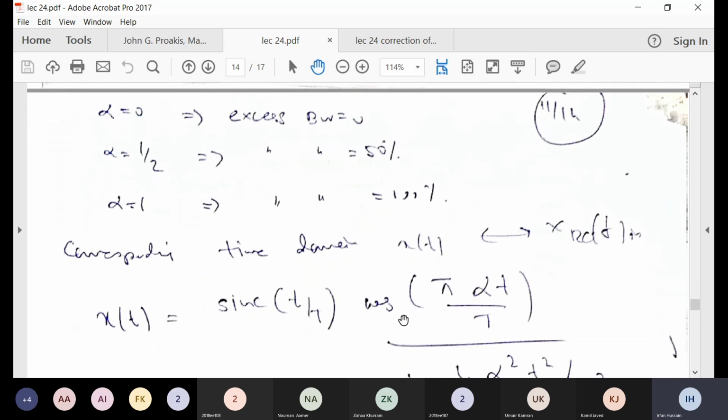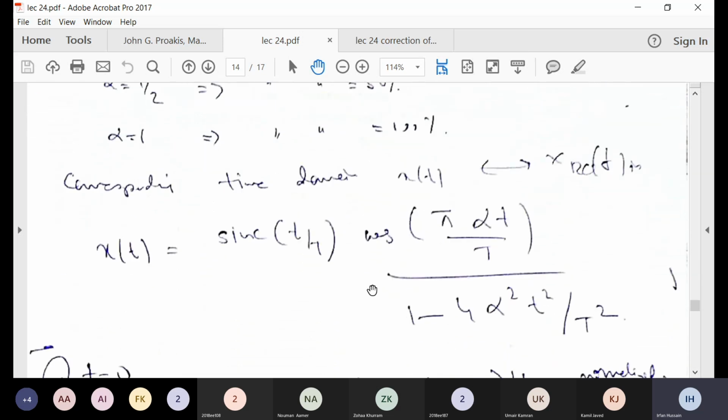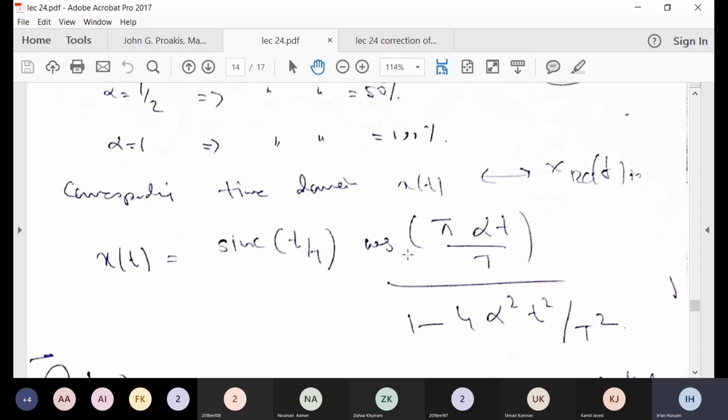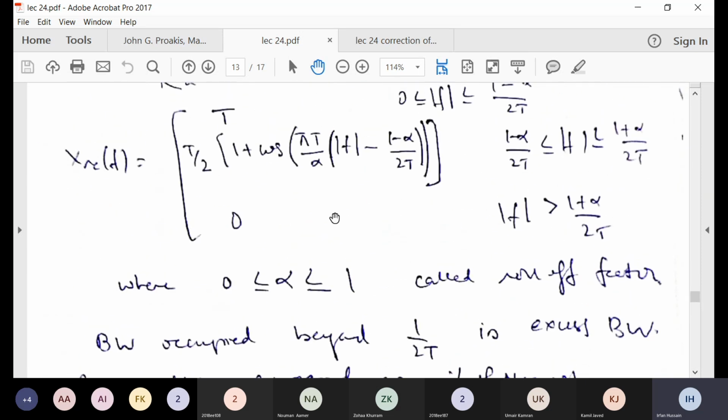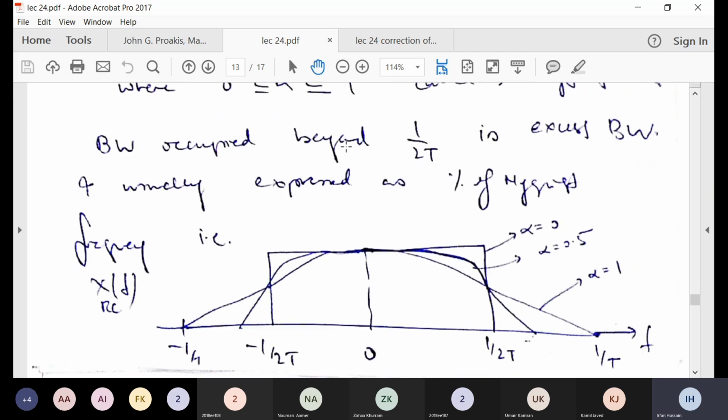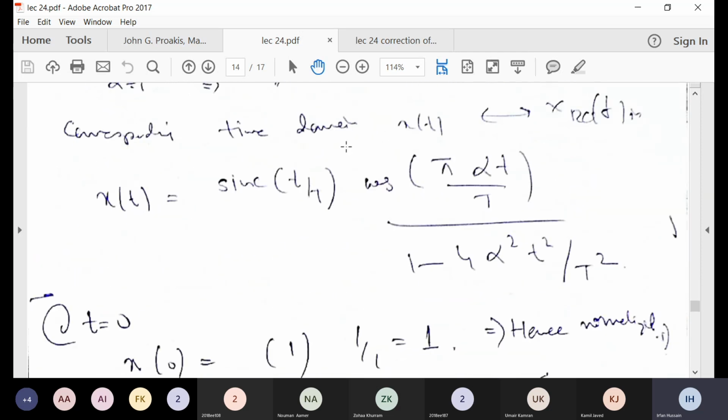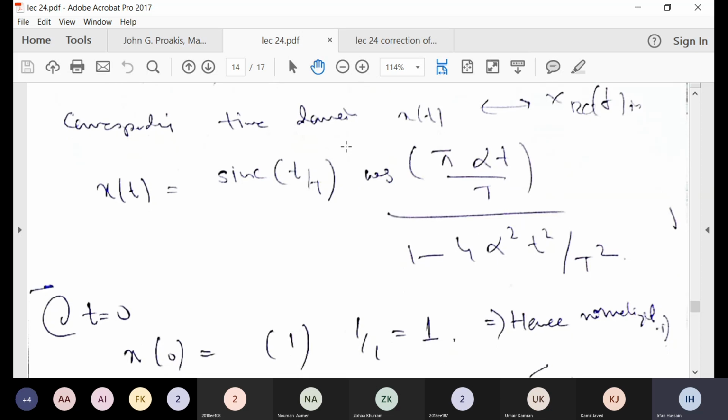Now the time domain version of this frequency domain expression is given as follows. This is the time domain version of the raised cosine pulse, whose frequency spectrum was shown here. I won't have time, so I will just skim that this x of t satisfies the Nyquist criteria.